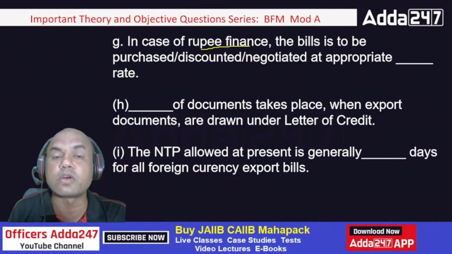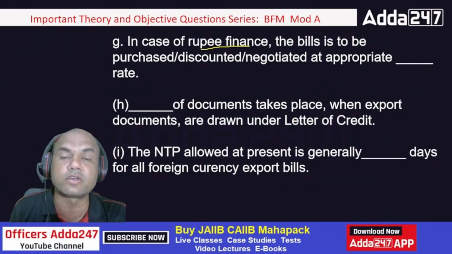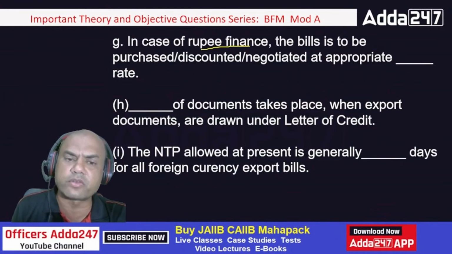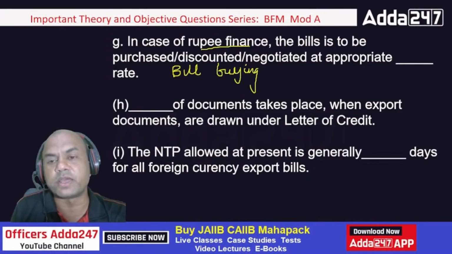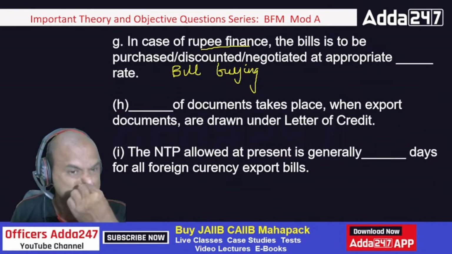Discounted is always for non-LC bills and negotiated is always for LC bills. So at which rate? You are taking the risk, so it is called bill buying rate. Always remember this: the finance is to be done at bill buying rate.